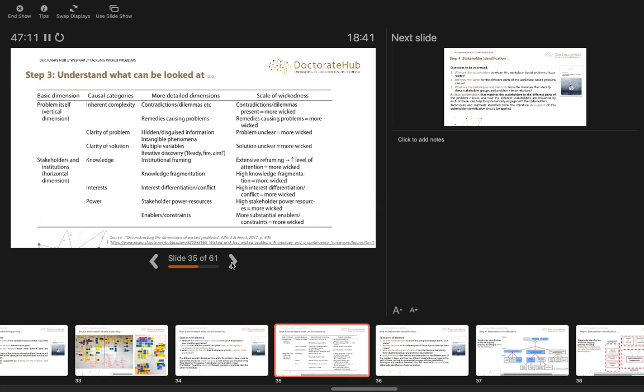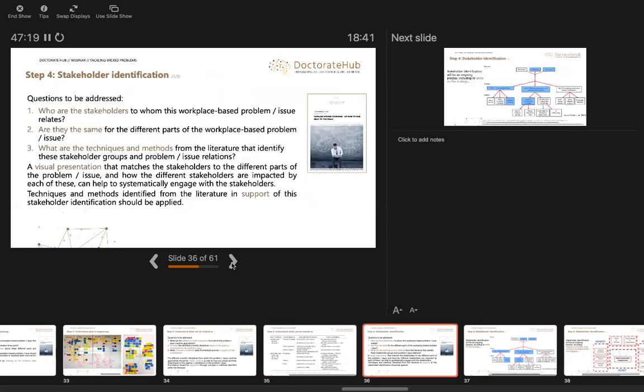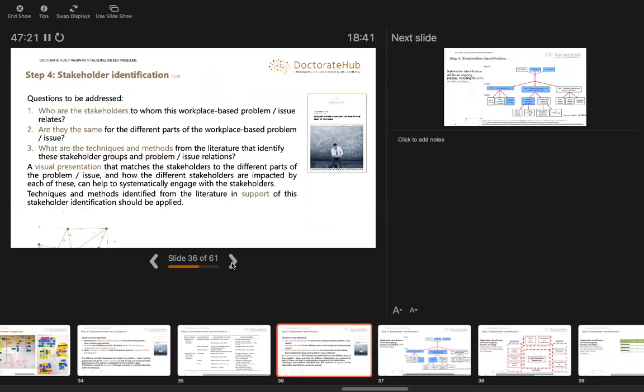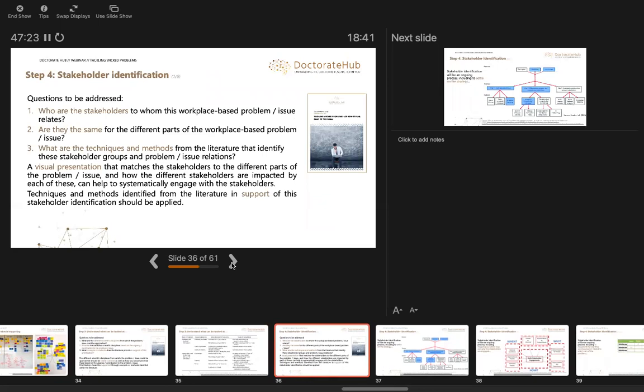And looking at the scale of weakness, who is it that defines the scale? Is it me alone? As I said a number of times, stakeholder engagement is crucial. And no, it's not meant to be by you alone, but this is something where you should engage with the stakeholders, while also understanding with whom and why and with how many.